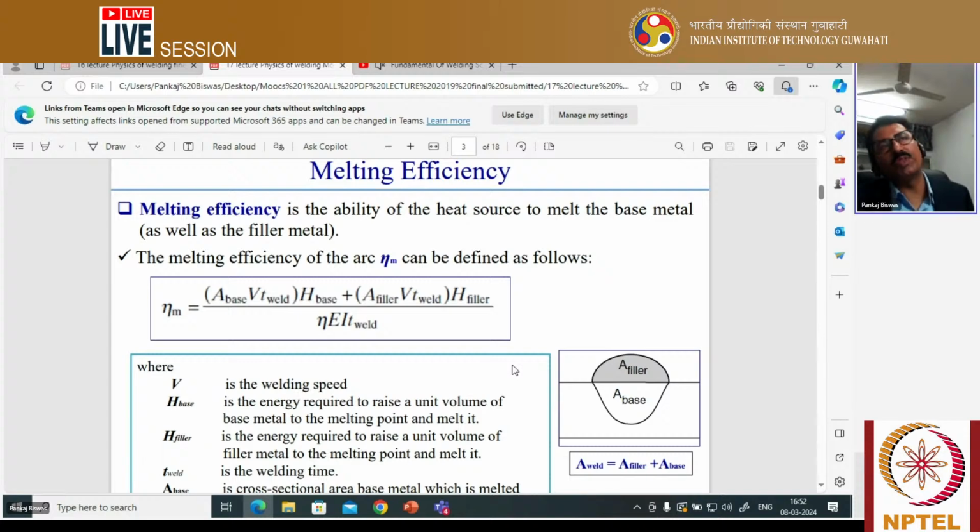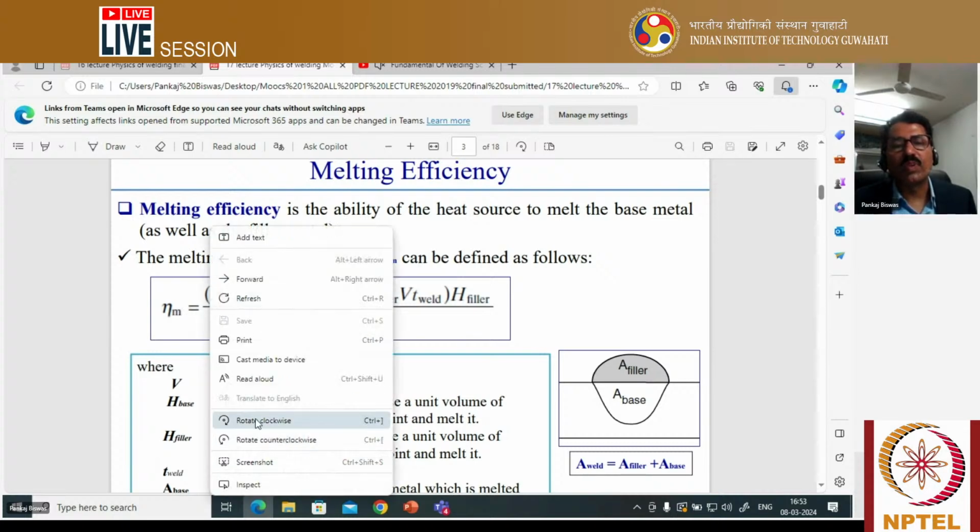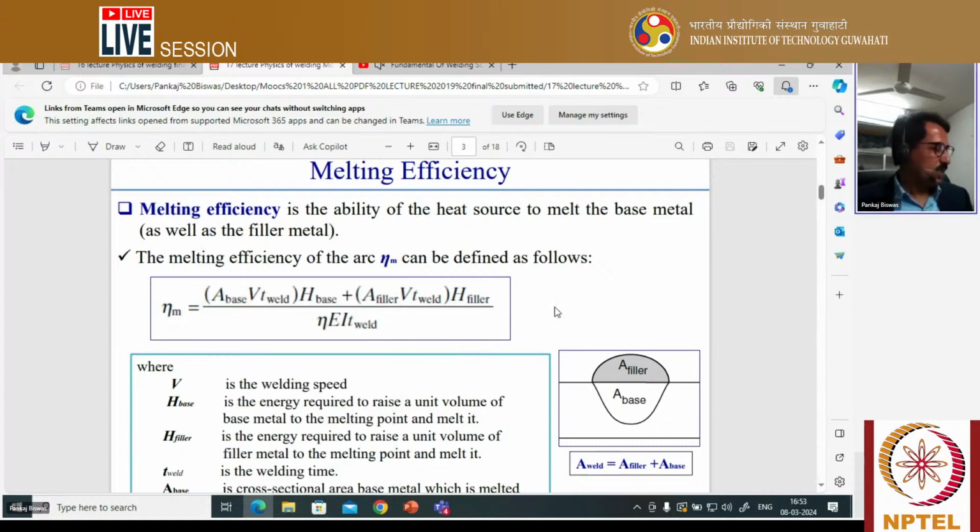So the heat that you can get from the heat source to the workpiece is the input here. That heat is the input of this thing, and here the output is what I have shown. I am sharing these things, you can see them also. Just here I am showing this, then it will be very clear to you.